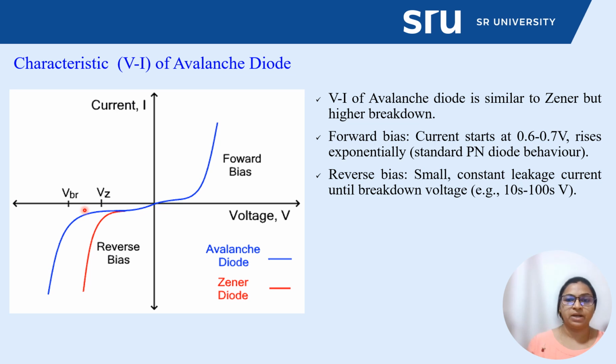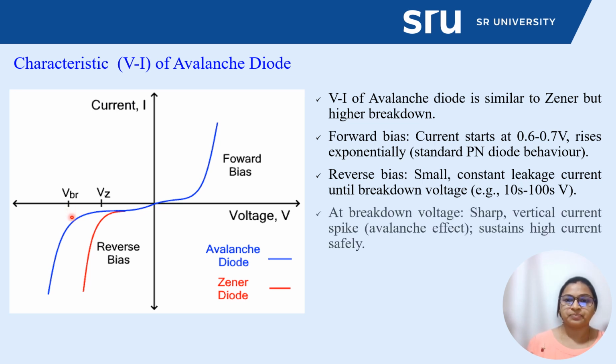Once it reaches the breakdown voltage, that is here, the current rises sharply and vertically, you can see this spike. So this is actually called the avalanche effect, which sustains high current safely.